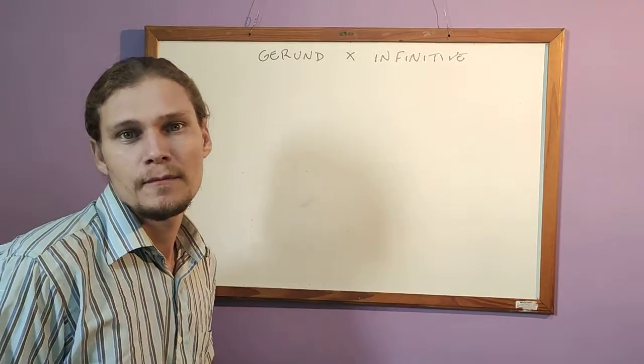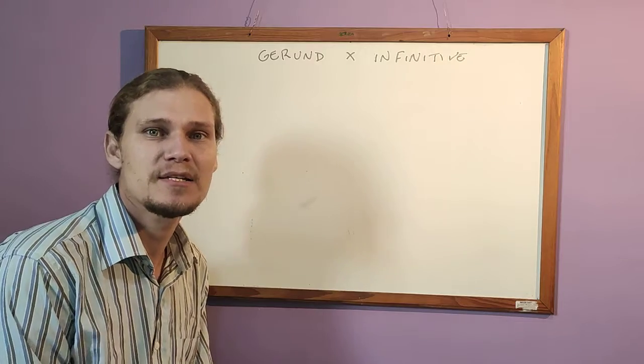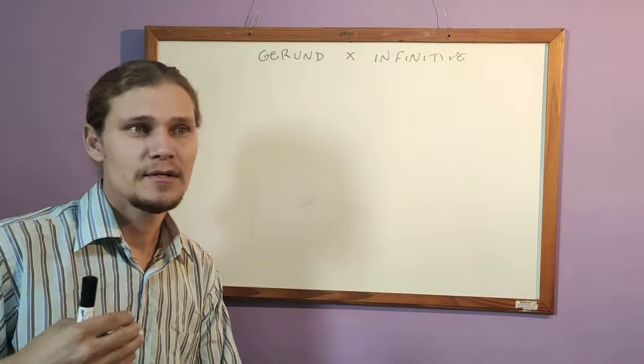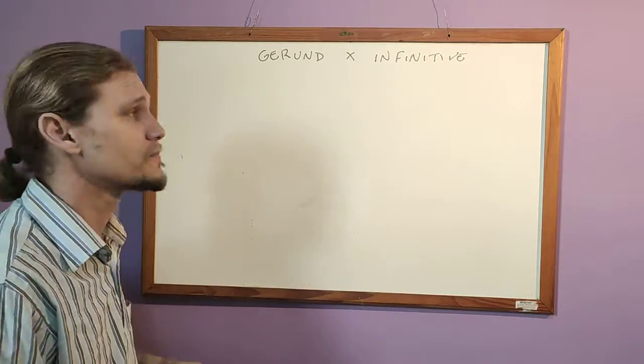Okay, first we're going to use the gerund as a subject. It's going to be the subject of the sentence. Like you say, you, he, she, it. The gerund will be this subject.